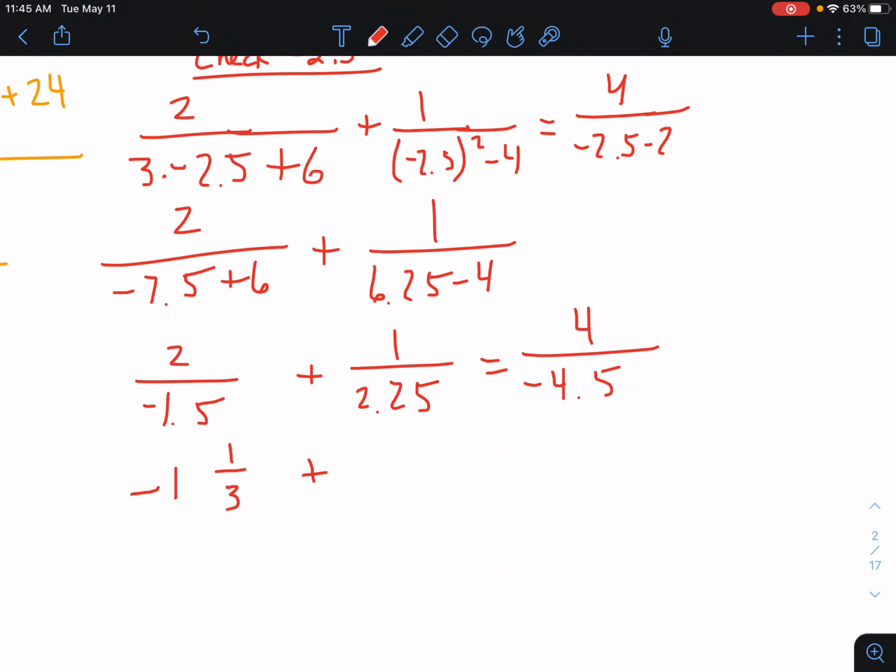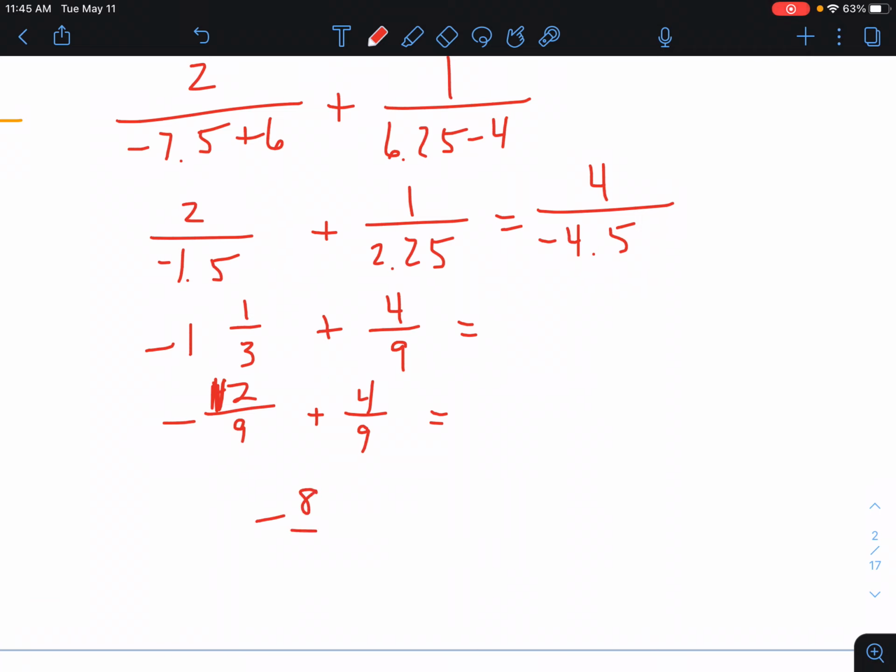That'll be 4/9. So now we're going to add those together. This would be -4/3, which is times 3/12, plus 4/9. This is -12, and that'll be -8/9.